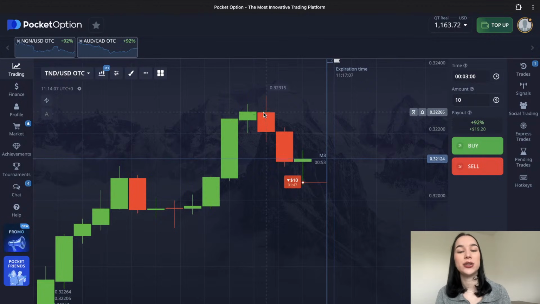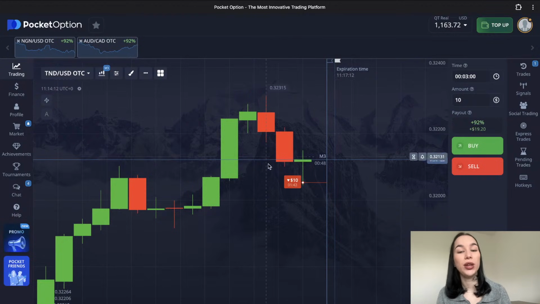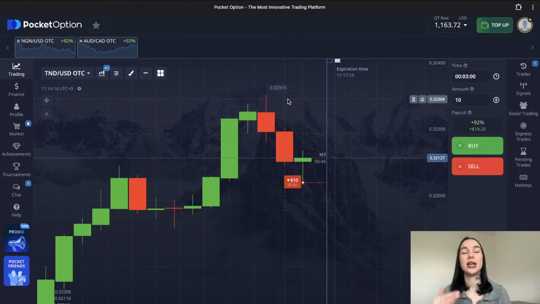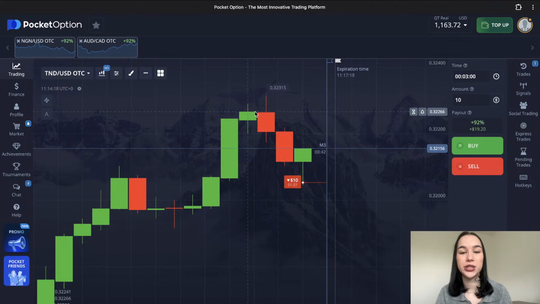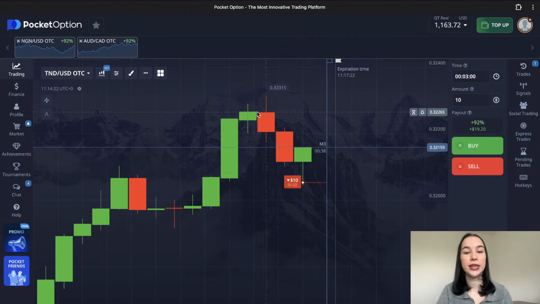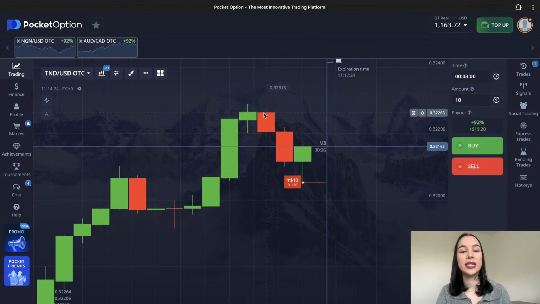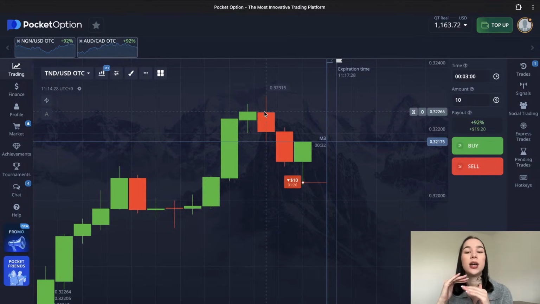After, we can see that the next red candle appeared on the chart with the upper wick on the candle, showing us that the buyers cannot break this level and go higher, so that's why it's reversing. And as you can see, it couldn't go higher than this level. Here it closed, and here it also opened at almost the same exact level.